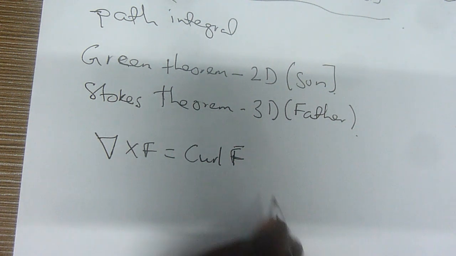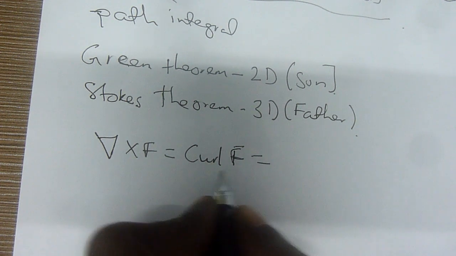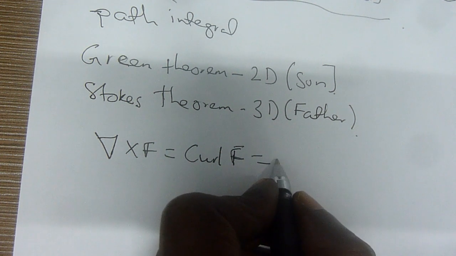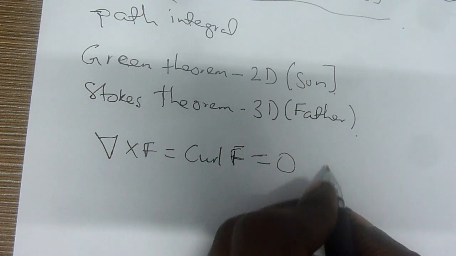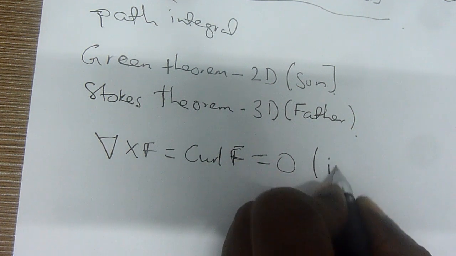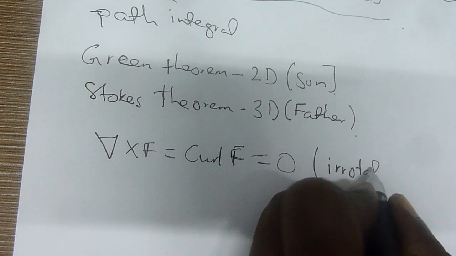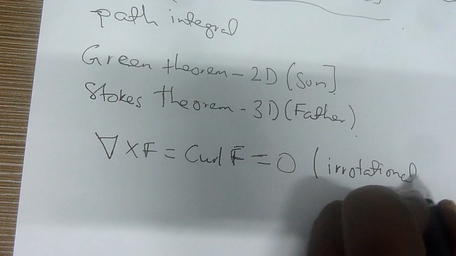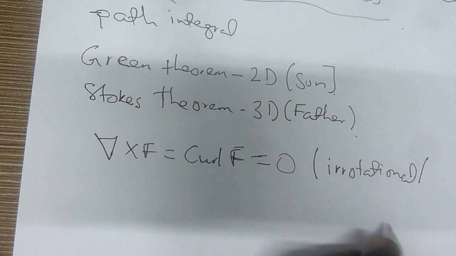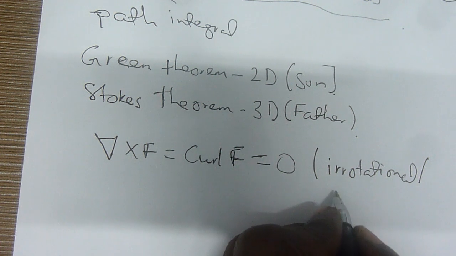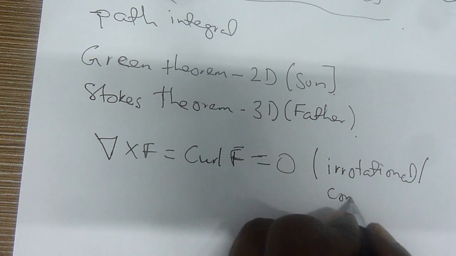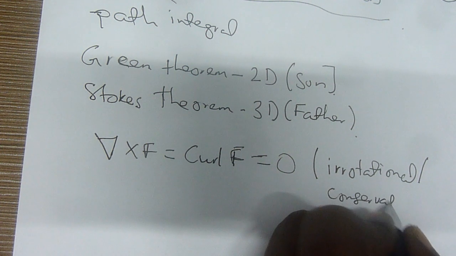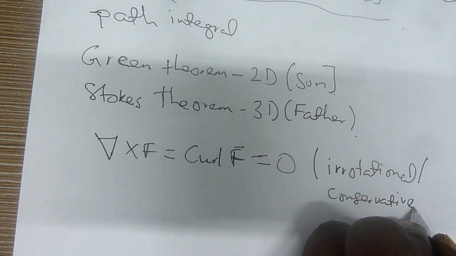But if we say the curl of F is 0, then immediately we know it's irrotational. The field is irrotational, and I'll add some more terms: conservative as well.